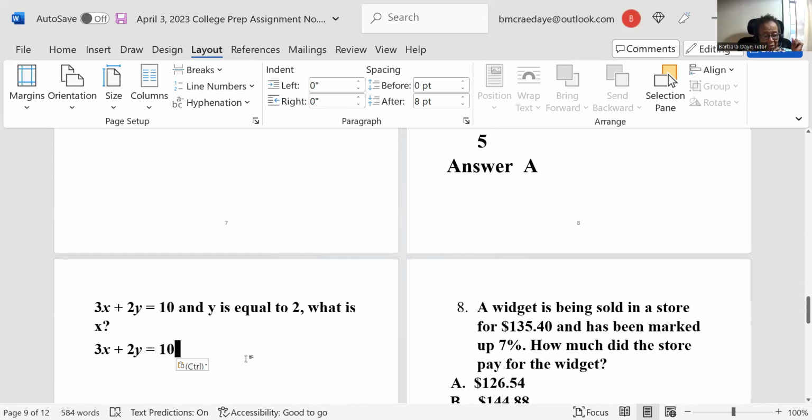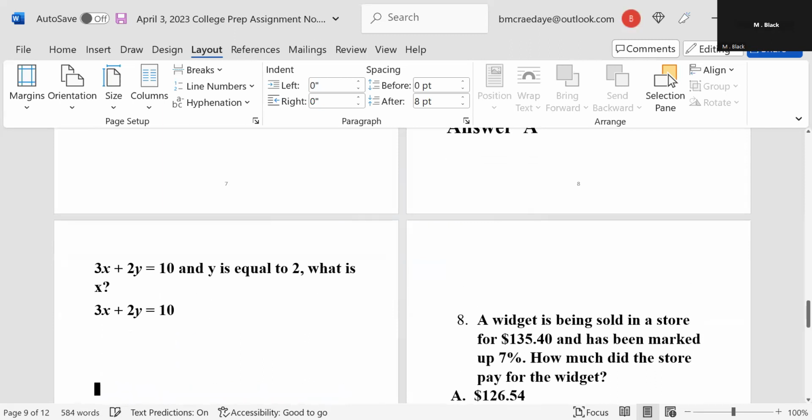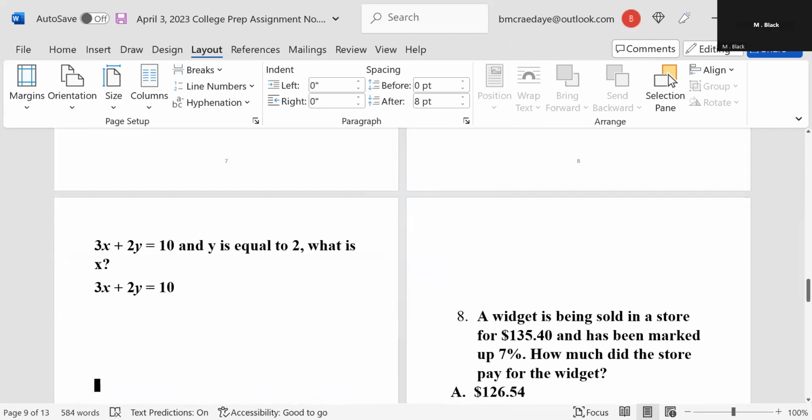Everybody understand what they're to do here? Mercedes, you okay? Yeah, I'm trying, miss. So this is a substitution.